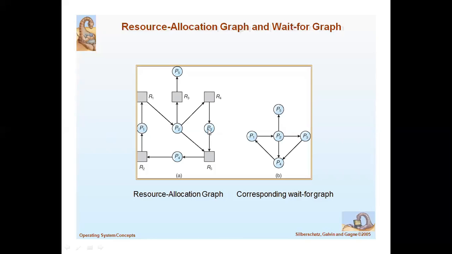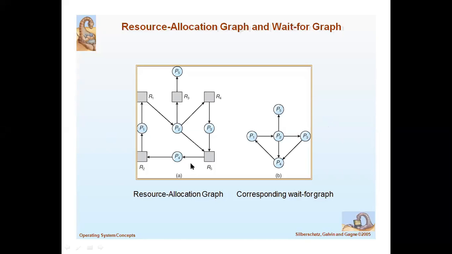P3 is waiting for a resource R5, but it is already held by another process, that is P4. That means P3 will wait until completion of P4. So we can remove this resource and give the connection from P3 to P4.